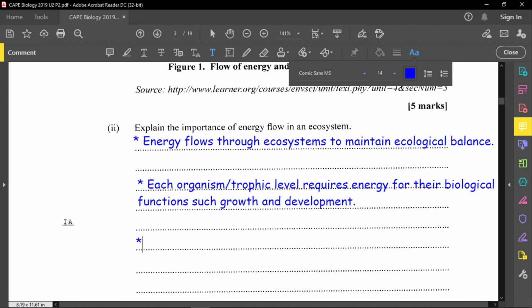Another important point right here is that energy flows in a declining rate.